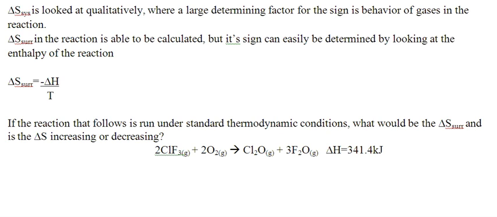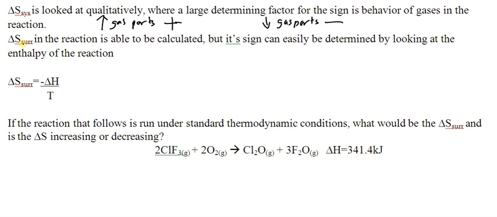And if you're decreasing the number of gas parts as you move from reactants to products, then you're going to have a negative sign for the delta S of the system. So more gas parts equals positive, whereas less gas parts means negative.